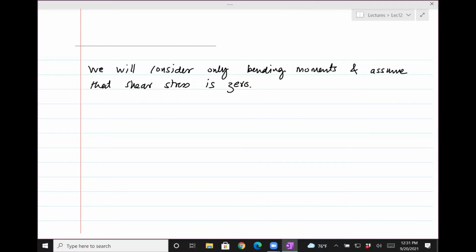Now, you'll say, why is this useful? This seems to be not very useful because here M is non-zero, but V is zero. But rarely do we see a case when both of these things are true, right? M is non-zero and V is zero. It turns out that if you look at the way you design things, when the bending moment is maximum, that's where things will fail due to, in this case, normal stress.